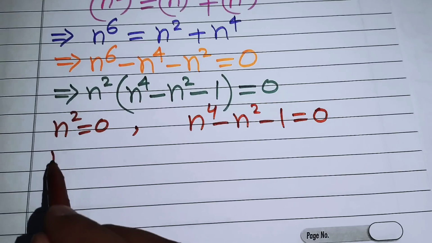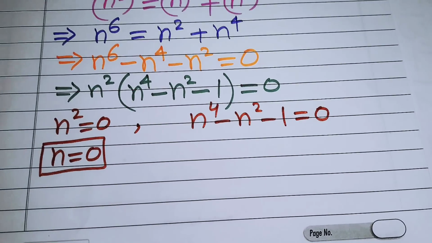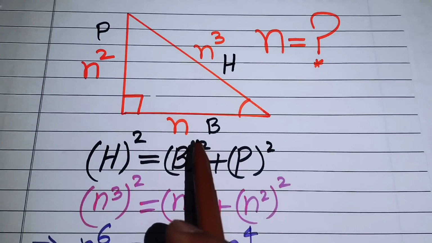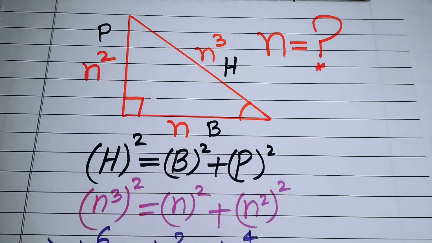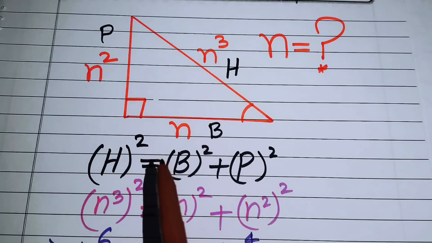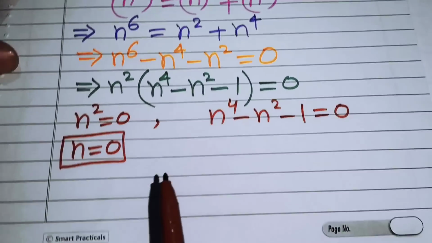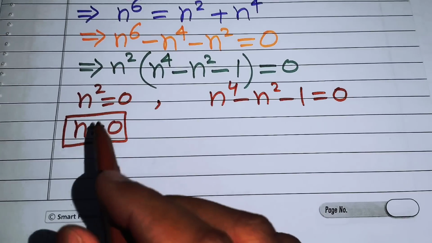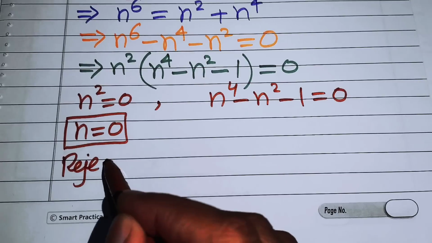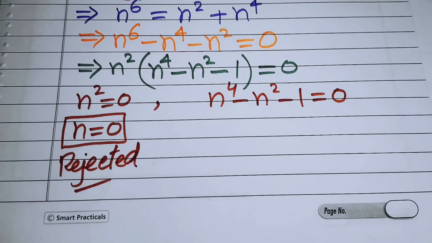So in this case you will get the value of n equals 0, but you see here our n is the base of this right triangle, and you know that any side length of the triangle cannot be 0. So if our base is 0, then this value is not possible, and we will reject this case, and we can just proceed with this other case only.